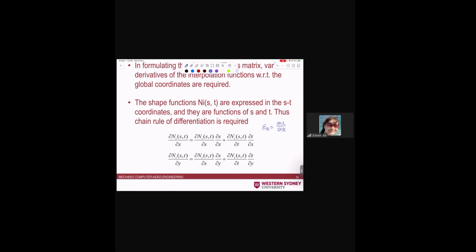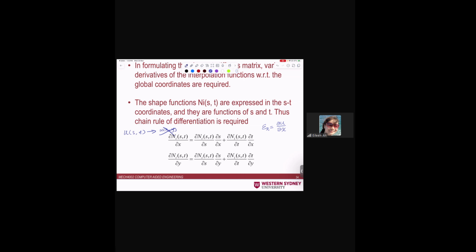But when we do the calculation, u is calculated based on s and t, right? So u is actually a function of s and t. This is not a function of u with x and y. So what can we do?